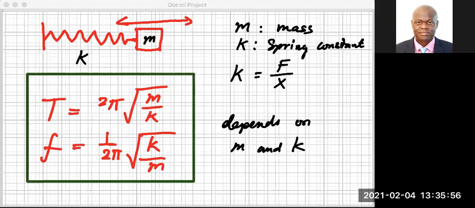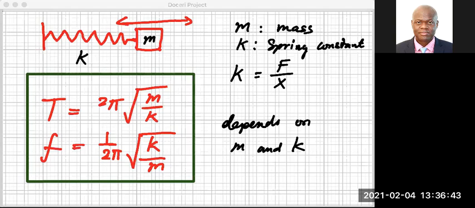So these are not really four separate equations. Okay, any question? No. Okay.